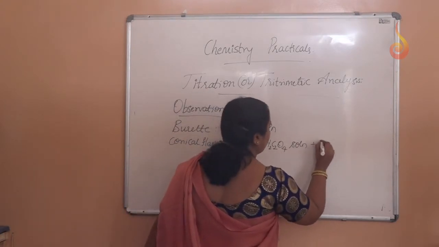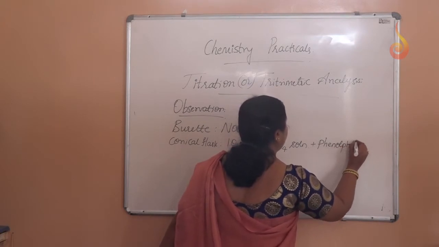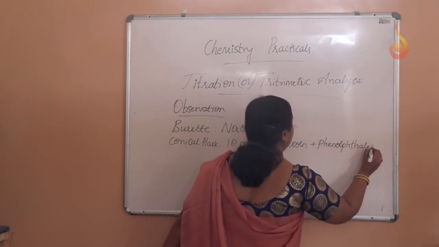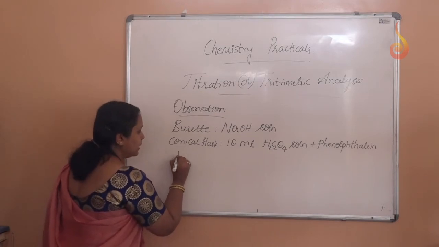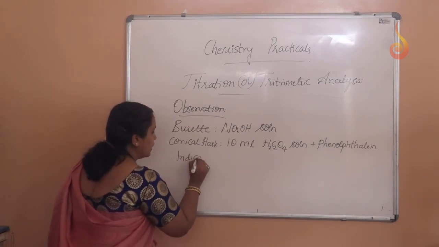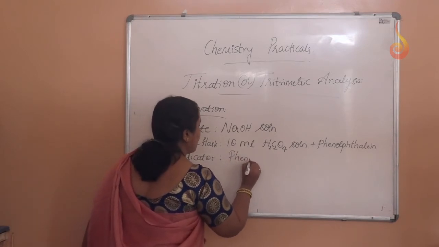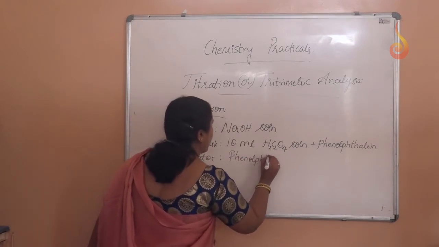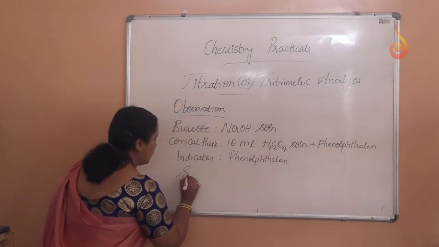To that we will be adding 2 or 3 drops of phenolphthalein indicator. And what is the indicator over here? Indicator is phenolphthalein. And what is the end point?